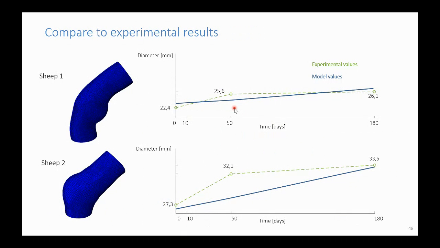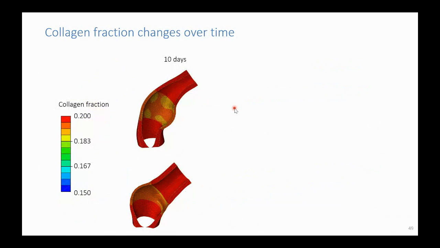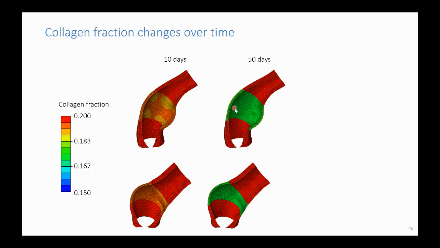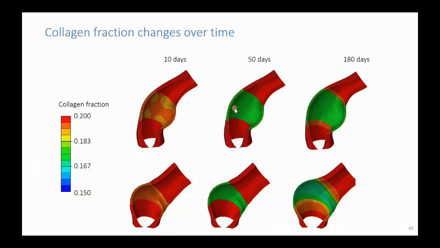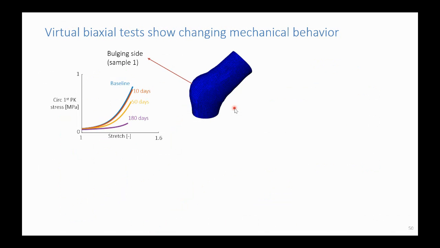And we can track the diameter, but what's more interesting and what makes these models less phenomenological and at least a bit structurally and mechanobiologically inspired is that we can also track other things that we can compare to our experimental data, like collagen fraction. So we can really see how the fraction of collagen evolves in time and how that also differs in different locations of the structure.